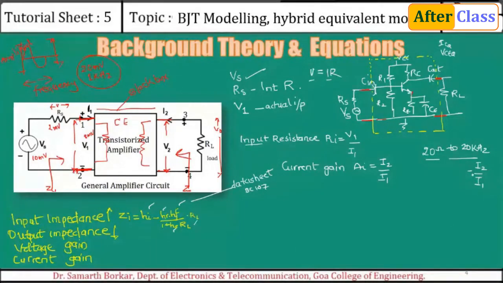Whenever you come across any negative sign, that means their polarities are different. One is incoming, the other one is outgoing. So if their polarities are different, we use this negative sign. If there's a voltage of 1.5 volt and minus 1.5 volt, it's a voltage, but their polarities are different. So this minus sign reflects the polarity.